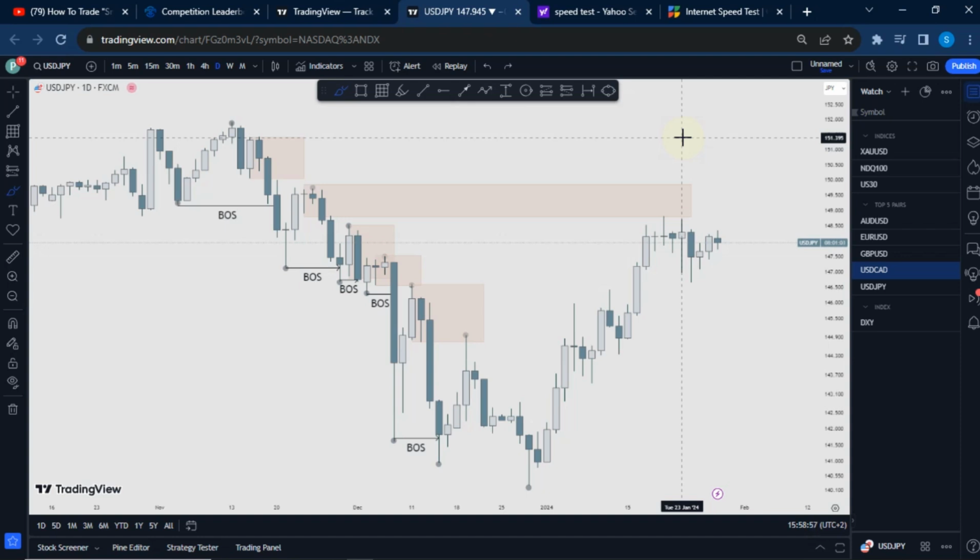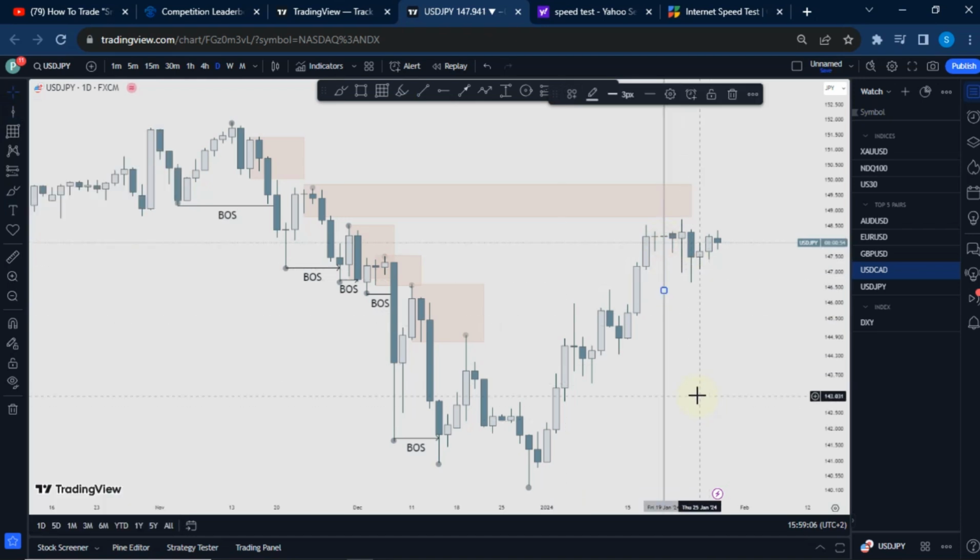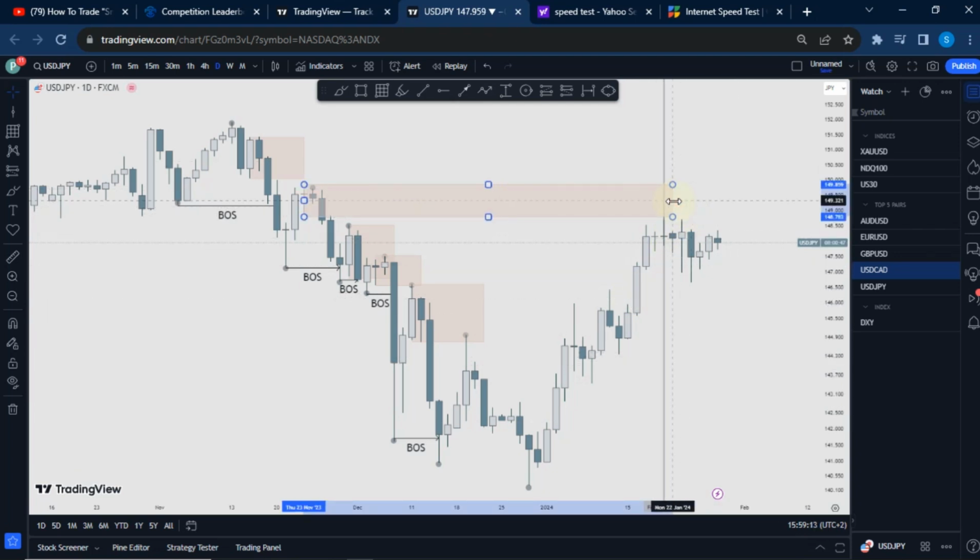What we need to do is go to lower time frames, and that's when I'm going to use my vertical line to highlight when price respected that level. So by this ray line, let me make it red. Do you see this red line? This red line indicates the day that the price came and respected our supply, right?